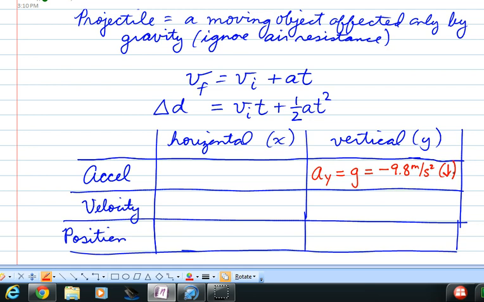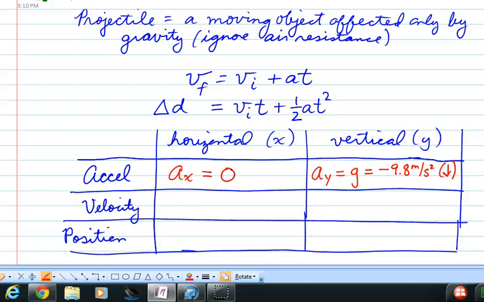Okay, so we can use a negative 9.8 for that. However, because of our definition, the horizontal acceleration, ax, by definition is 0. So there's no air resistance, there's no friction, there's nothing causing our projectile to accelerate in the horizontal or x direction.